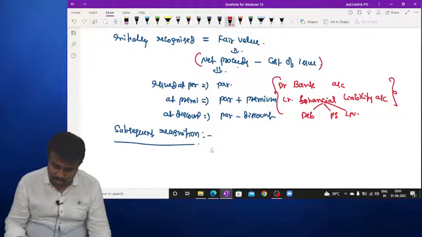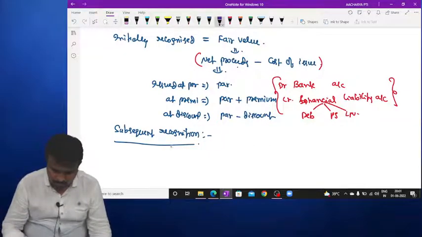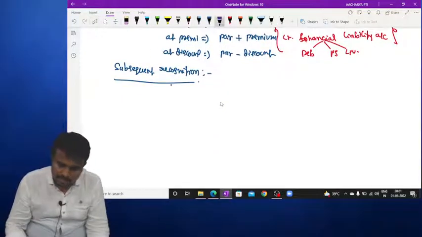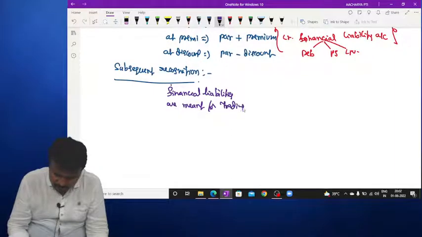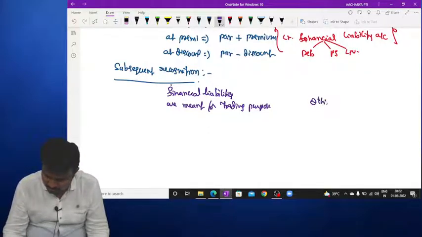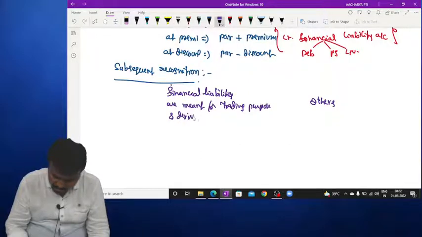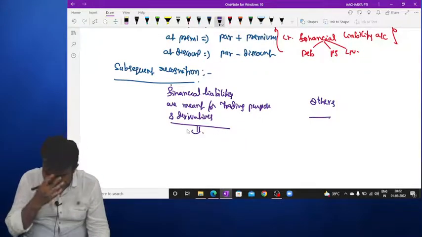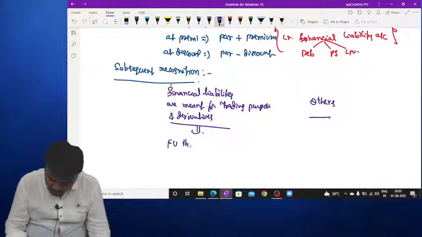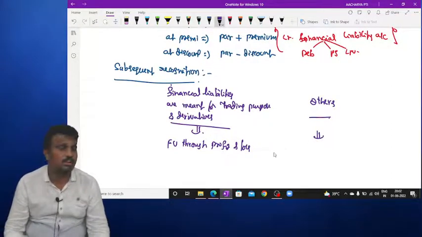Then coming to the subsequent recognition. In the case of subsequent recognition, if the financial liabilities are meant for trading purposes, derivatives or others, then we have to follow the fair value through profit and loss approach.